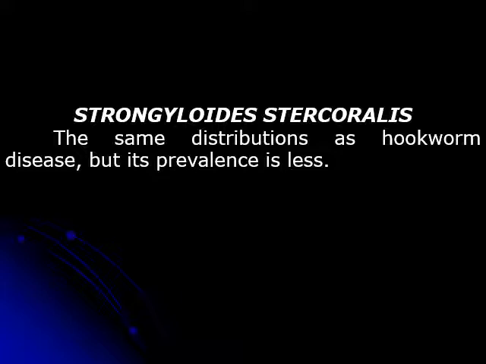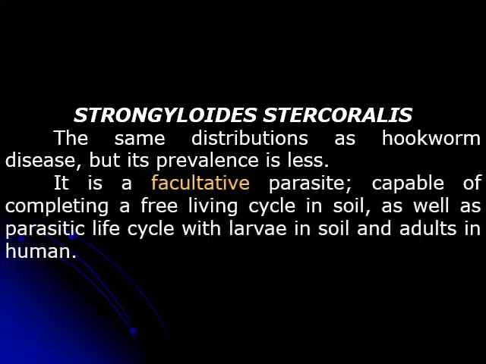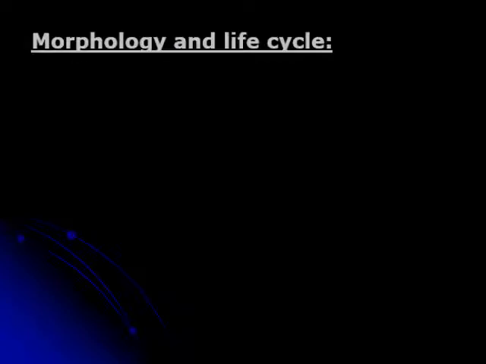It has the same distribution as hookworm disease, but its prevalence is less. It is a facultative parasite capable of completing a free-living life cycle in soil as well as a parasitic life cycle with larvae in soil and adults in human.